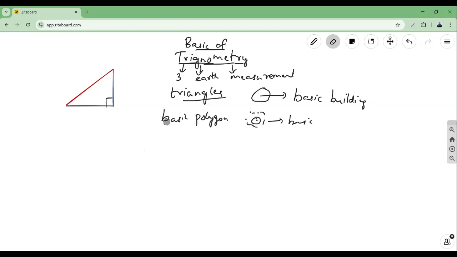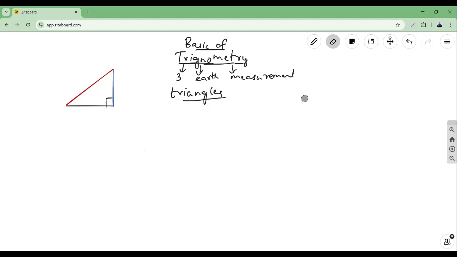If you learn about triangles a lot, then you can use your knowledge of triangles to solve bigger and more complex problems, right? That is why we say the foundations are always very important.